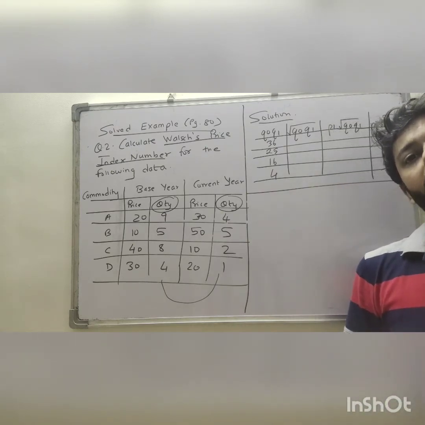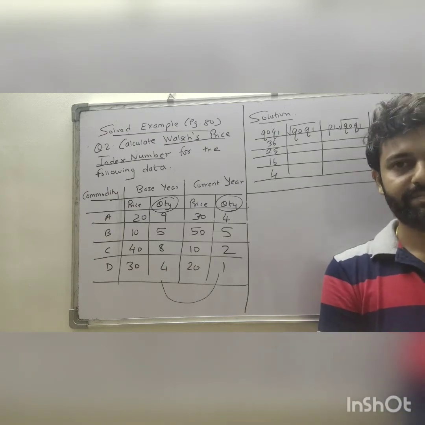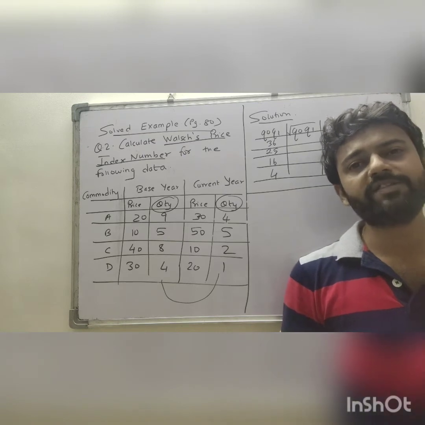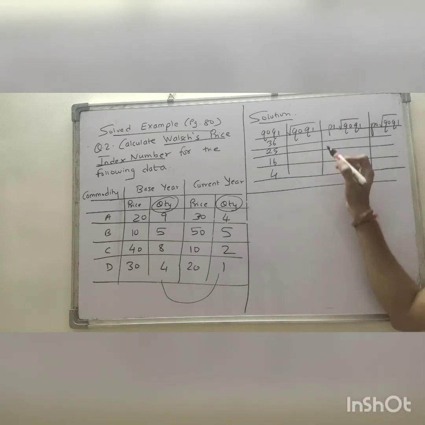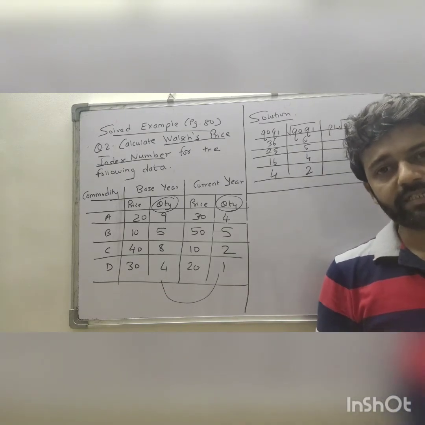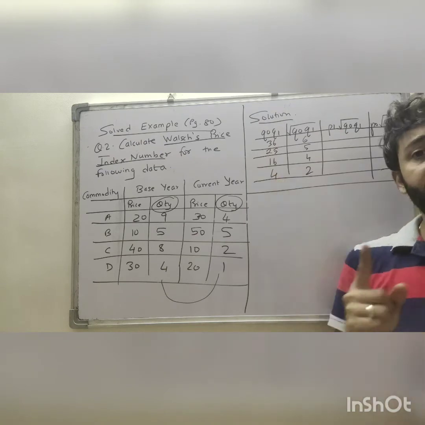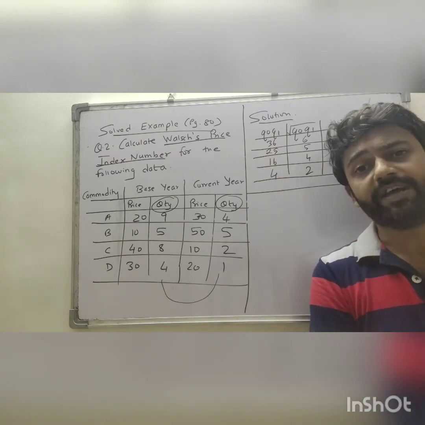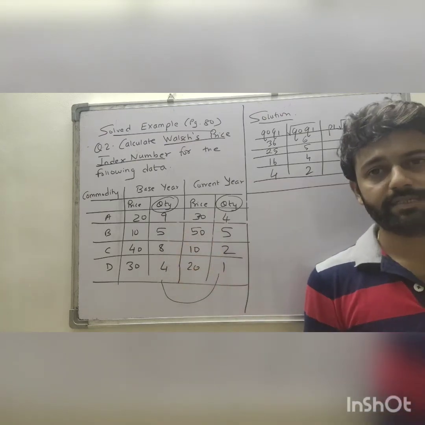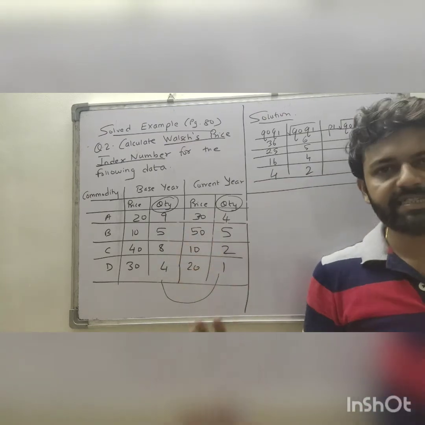They all are perfect squares. And since they are perfect squares, we can find the square root very fast, easily: 6, 5, 4, 2. Remember students, this column must always contain perfect squares. If you are not finding perfect squares in their product, disqualify the sum.